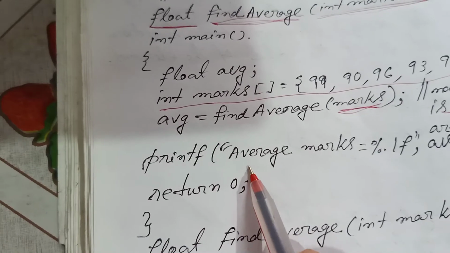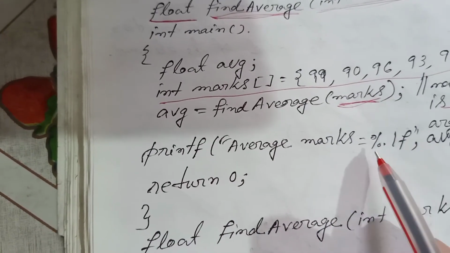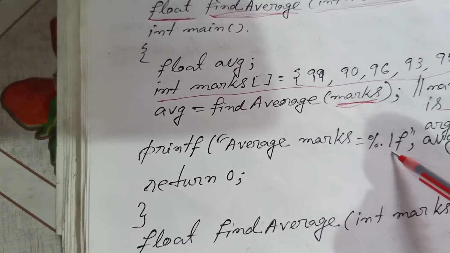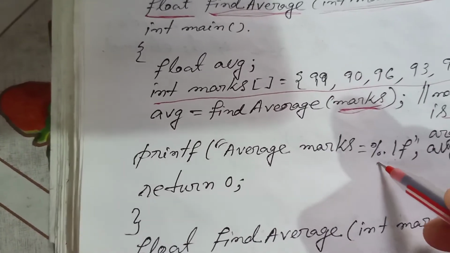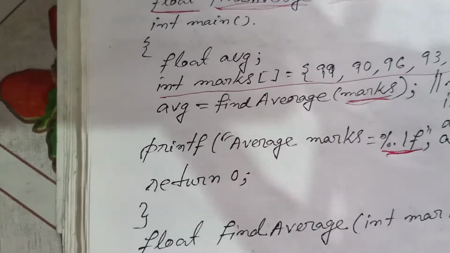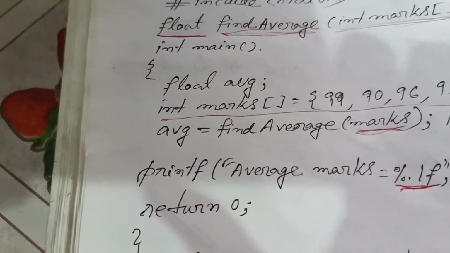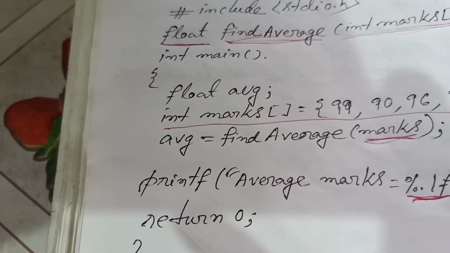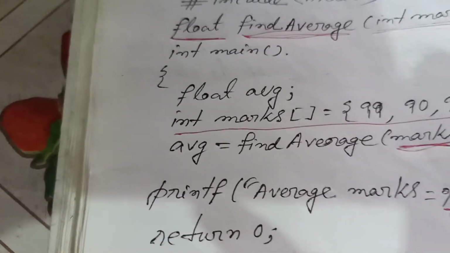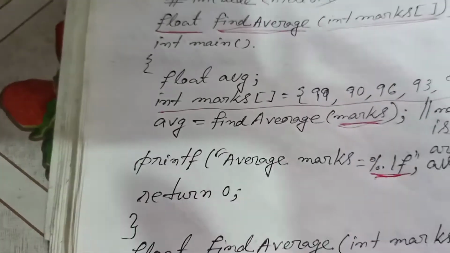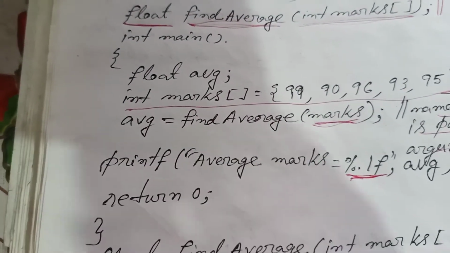Printf average marks equal to %.1f. Why have we written .1f? When we are calculating an average, after the decimal point there may be a lot of values.